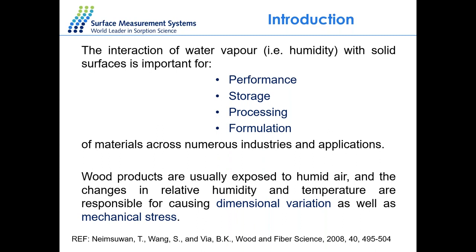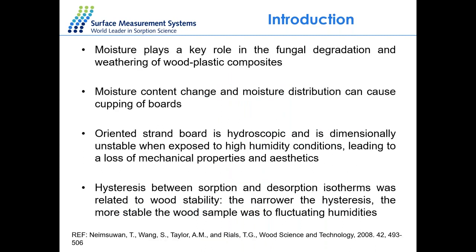Usually, in fact, these materials are exposed to a variety of temperature and relative humidity that could cause variation of dimension or porosity or structure of the material, which then affect the mechanical property of the material, but also the fragility or the stress resistance of this type of material.